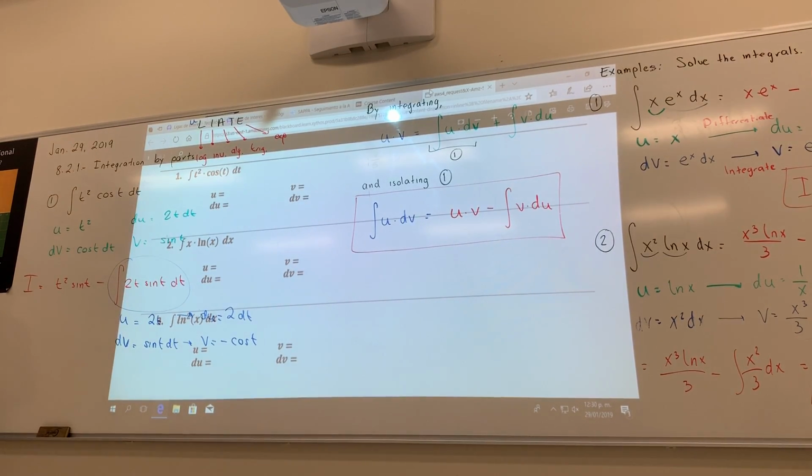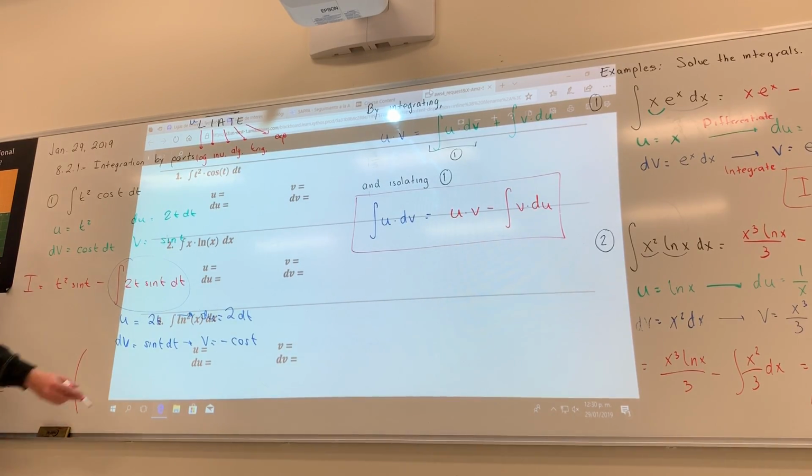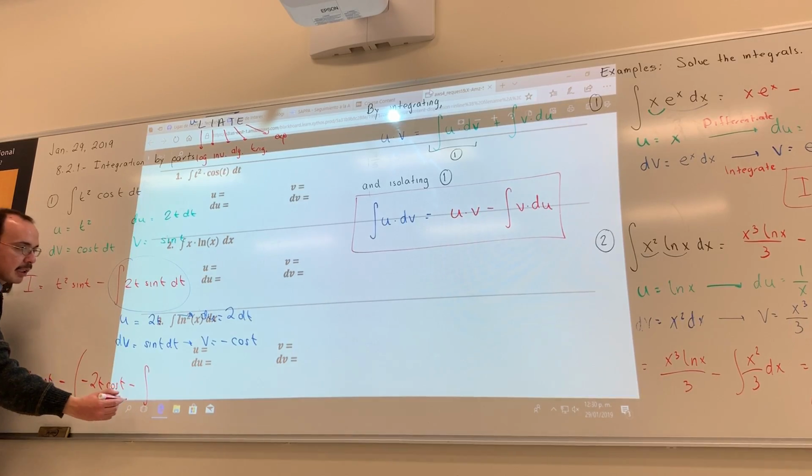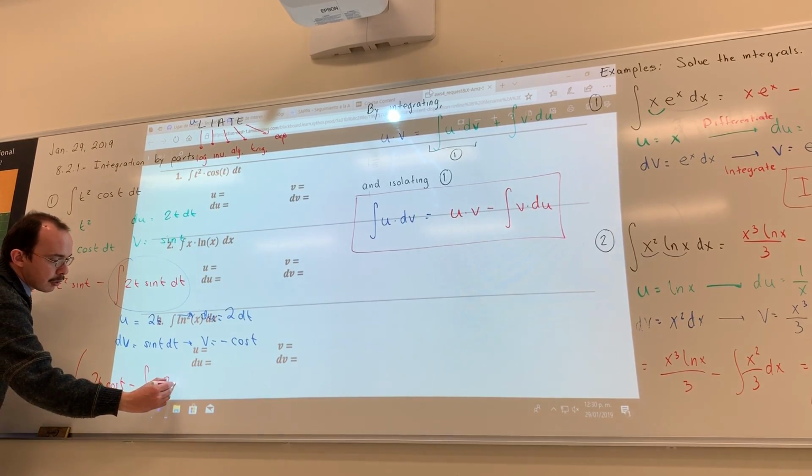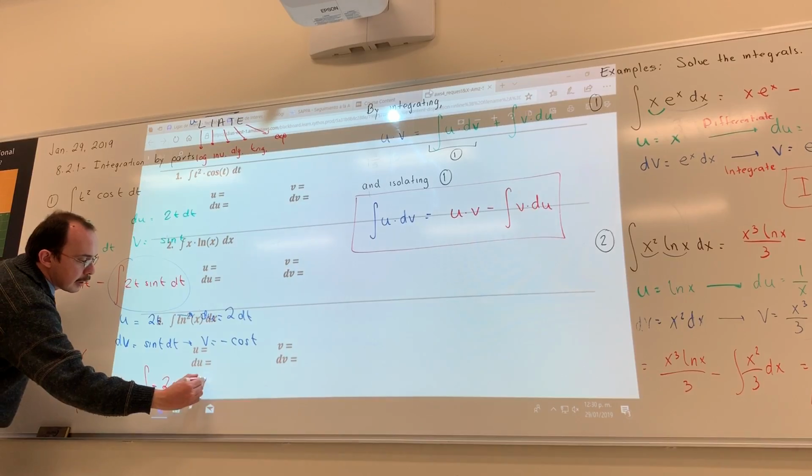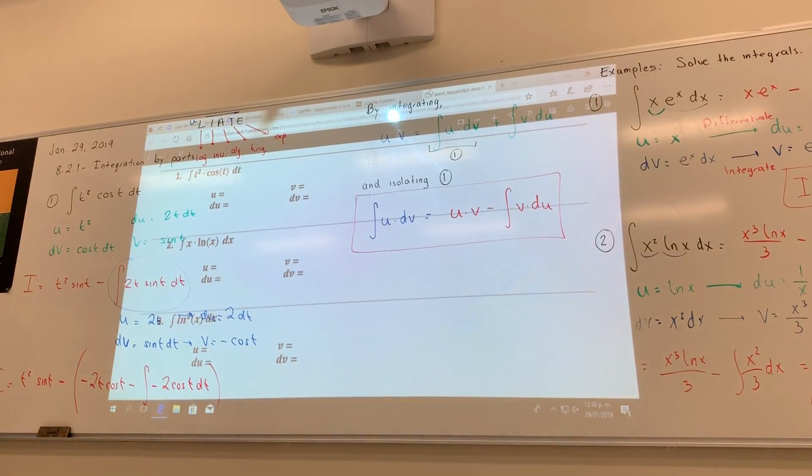So, integral of everything: t squared sine of t, minus, parentheses, the solution of this with my formula. U times v, minus 2t cosine of t, minus integral of minus 2 cosine of t dt. And just apply the formula in the parentheses. The same formula, but for the new concepts, the new elements.